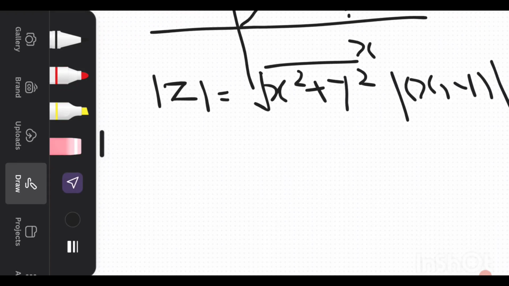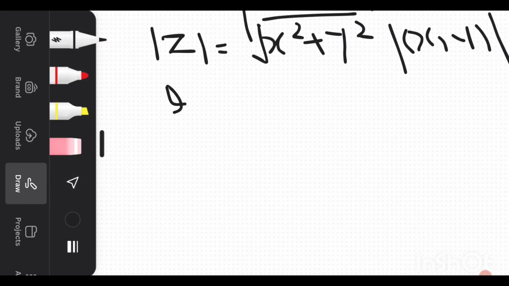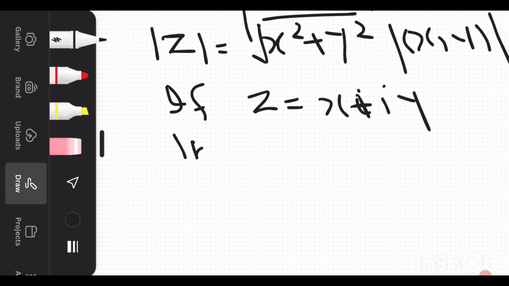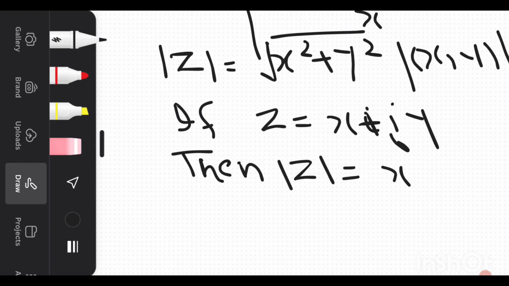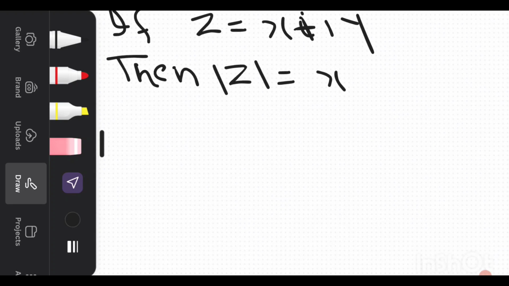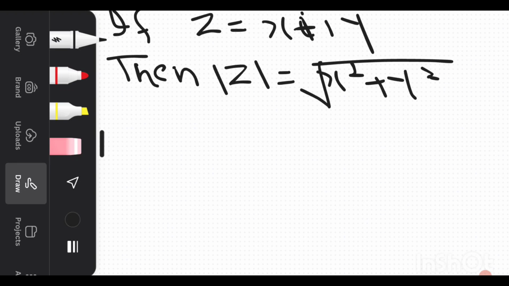It says if z is equal to x plus iota y, then z modulus will be equal to x square plus y square under root. So this is what modulus of complex number is known for.